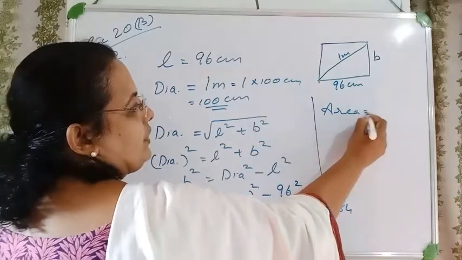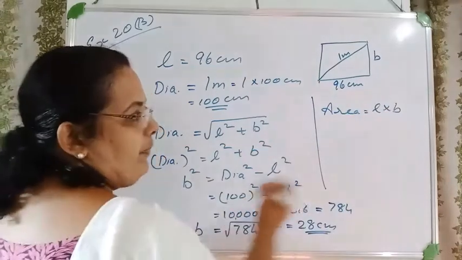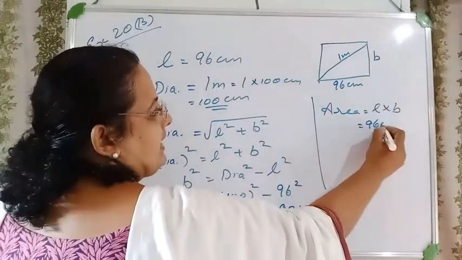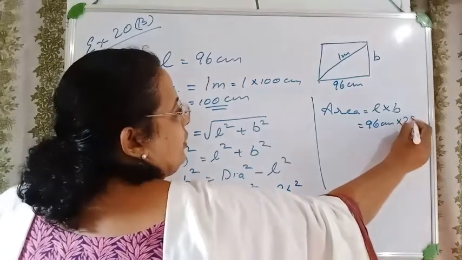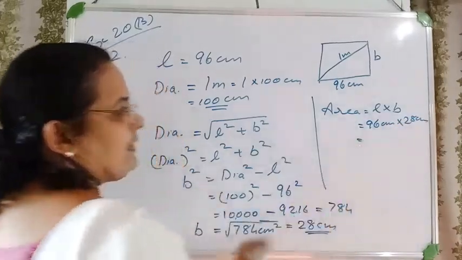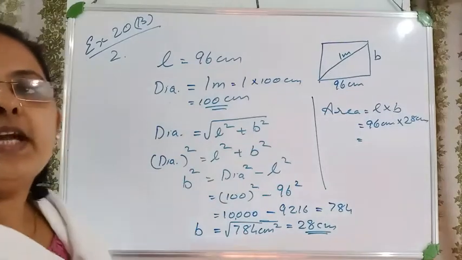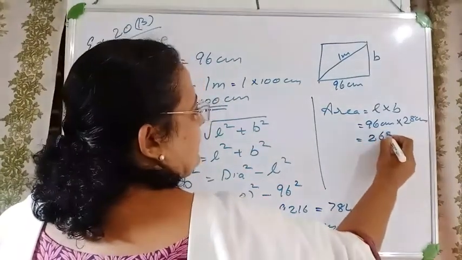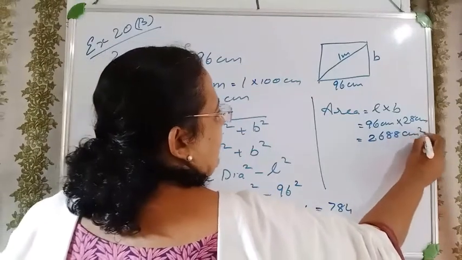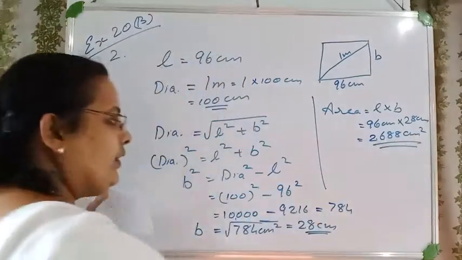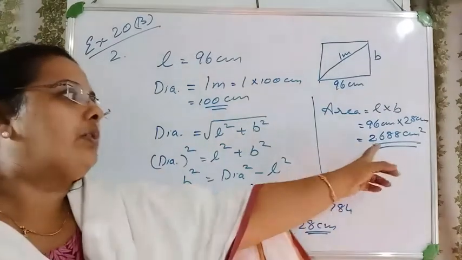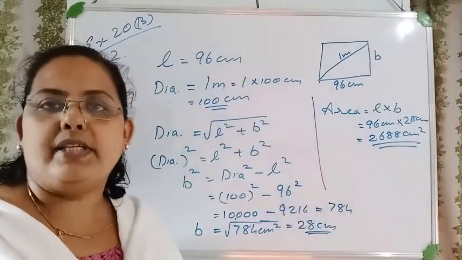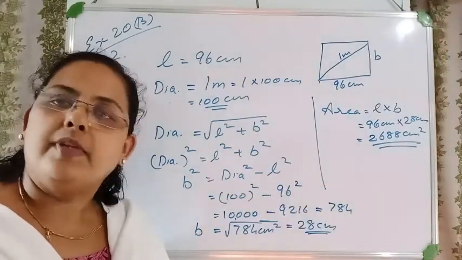Area is equal to length into breadth, that is equal to 96 centimeters into 28 centimeters. So what is 96 into 28? You get 2688 centimeters square. So area is equal to 2688 centimeters square. Is that clear?